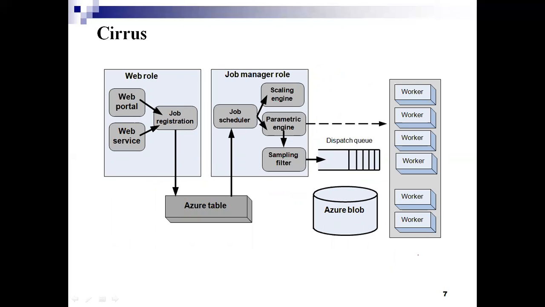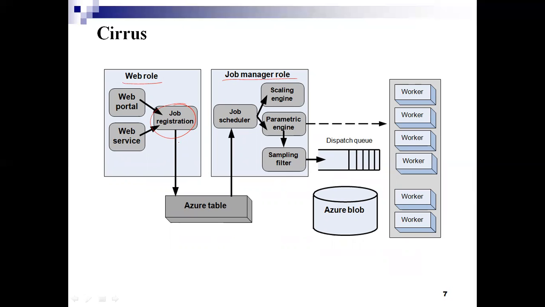After the Windows Live ID service authenticates the user, the user can submit and track a job through the portal provided by the web role. The job is added to a table called the job registry. We have two roles here: one is the web role, another is the job manager role. So first we need to add the job to the job registry.